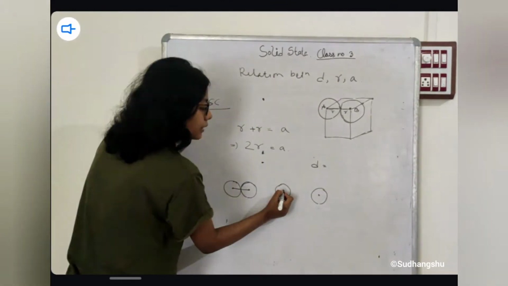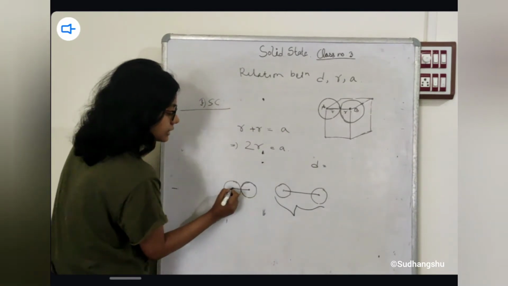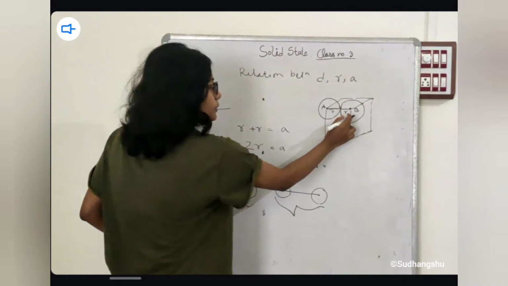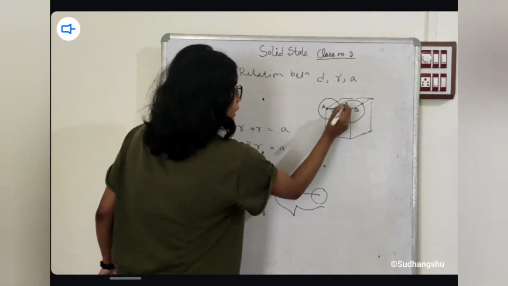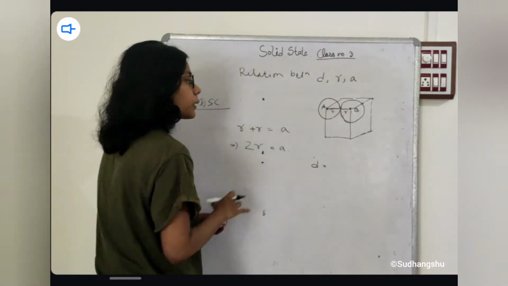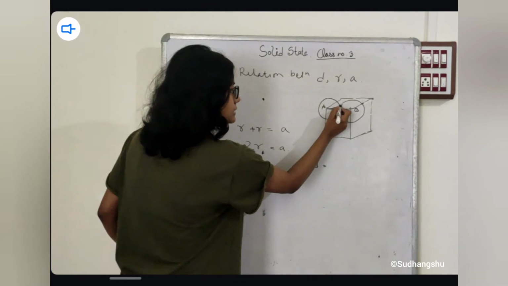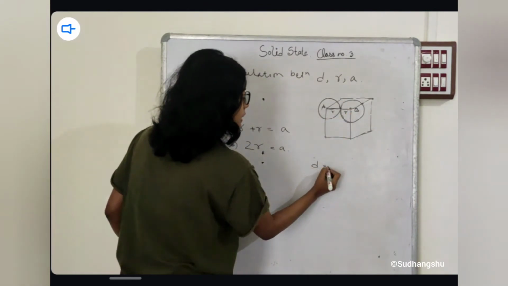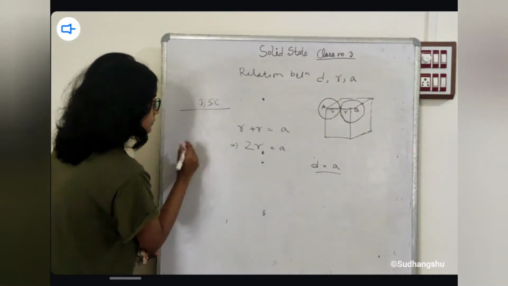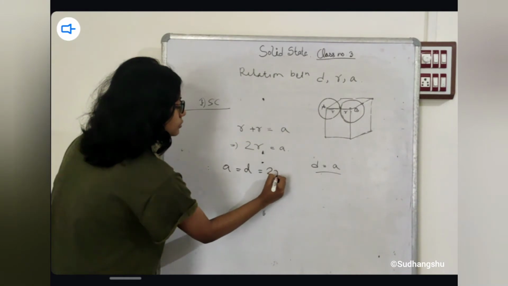So in this case distance between two atoms is nothing but a. Since they are touching each other, d is equal to a. Therefore, in this case a is equal to d is equal to 2r.